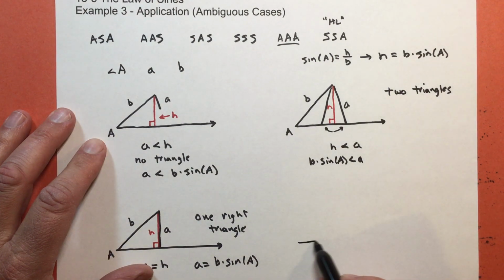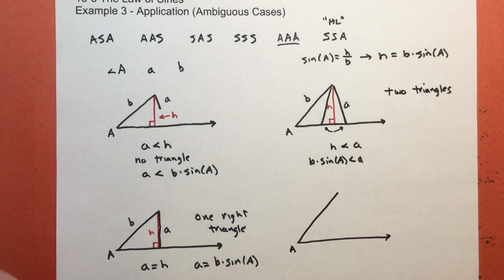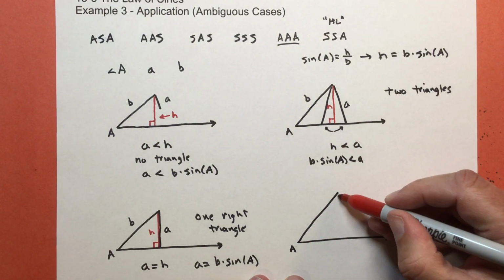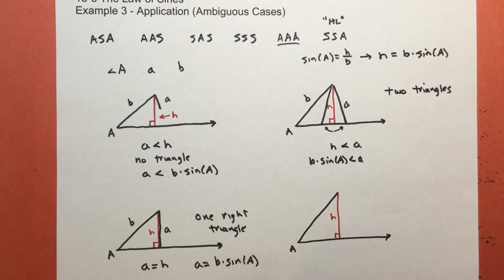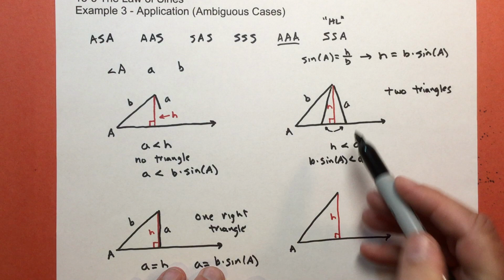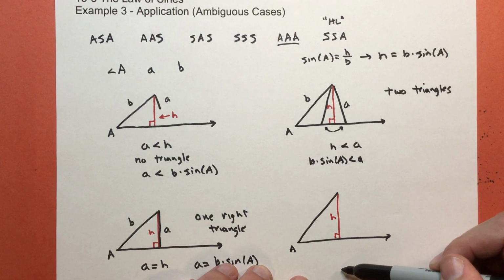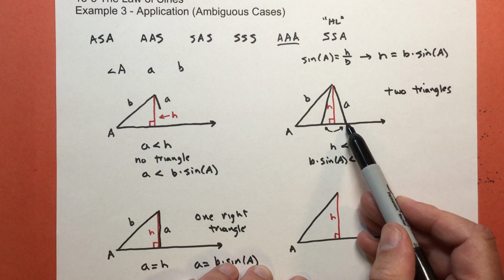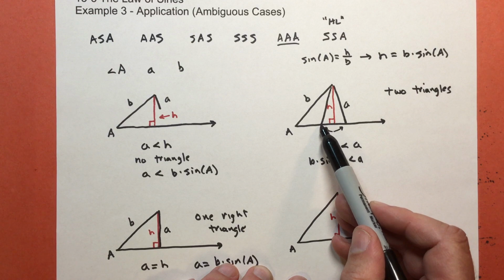So I'm going to start off again with the same idea. Here's my angle A again. I think I keep making this bigger every time. Sorry about that. Here's my height at a right angle. But if I pull this side A down really far and swing it this way and it connects here, I'm going to make one triangle. And if I swing it the other way and it's going to be between here and here, then I'm going to get another triangle.